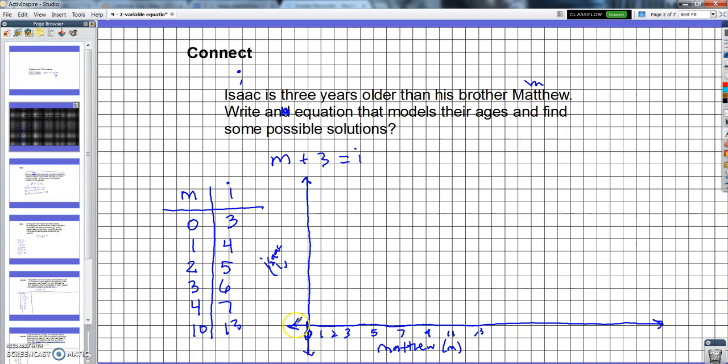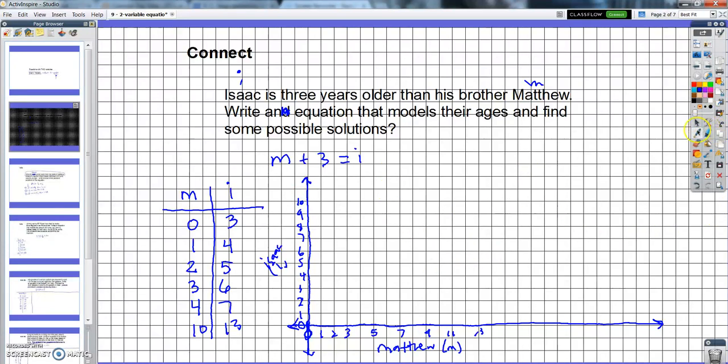Isaac's age being 0 is right on this one, and Matthew's age is right on the other one. So the zeros are both at this intersection point. And then we're going to do Isaac's age too: 2, 3, 4, 5, 6, 7, 8, 9, 10, and so forth.